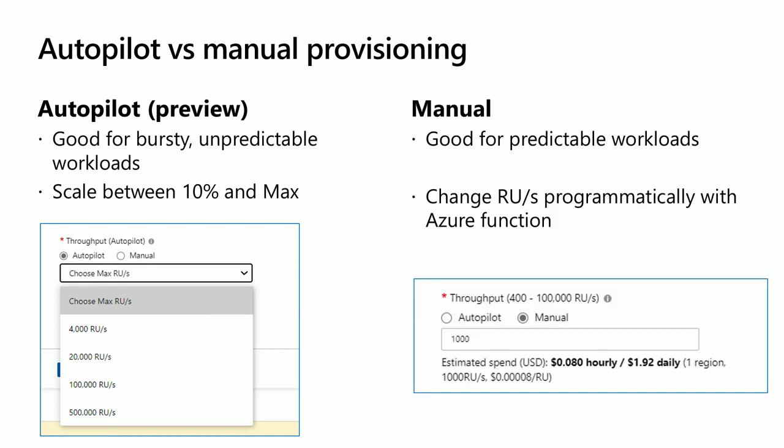If you're a little more experienced and you basically know very well what your workload is, you can actually manage the throughput yourself. So you'll say, I want X number of RUs per second, and you can change it programmatically with an Azure function. Maybe it's timer triggered. So a lot of our customers have workloads where maybe between the hours of 12 to 1, when everyone's on a lunch break, their website will have a ton of traffic because people like to buy things and read the news.